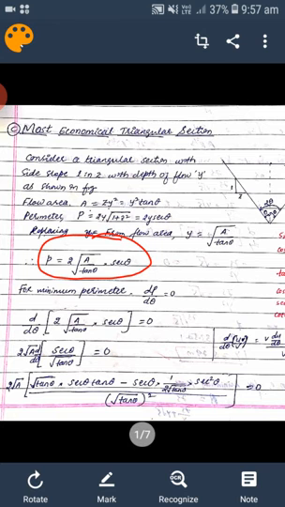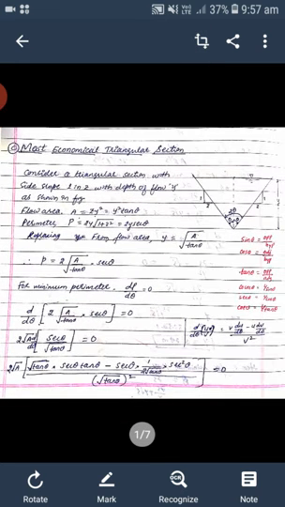You are very good in differentiation, so use the u by v formula for differentiation, then differentiate this equation, and after differentiating you will be getting this one.